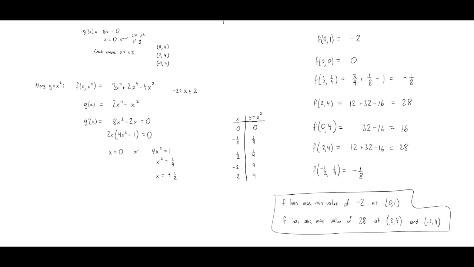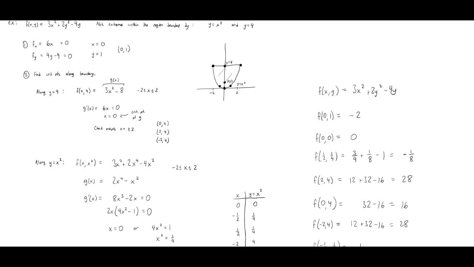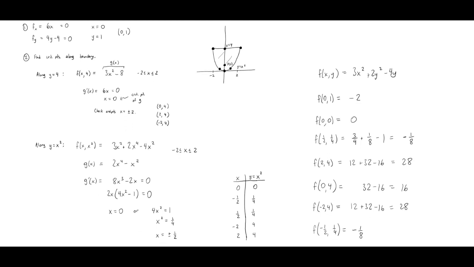All right, and then just to kind of summarize one more time, what's the procedure for these problems? All right, so find the first order partial derivatives, set them equal to 0. Keep any critical points that were inside your region. For finding critical points along the boundary, you either want to parameterize your boundary or just get an equation for it.